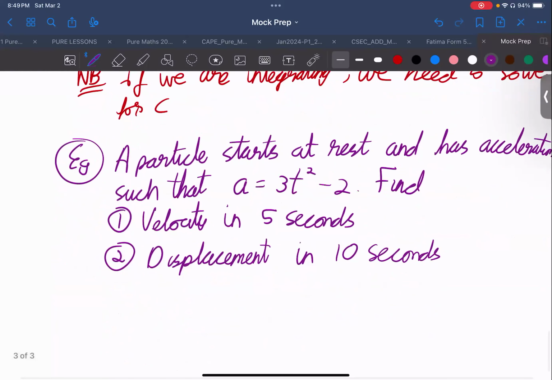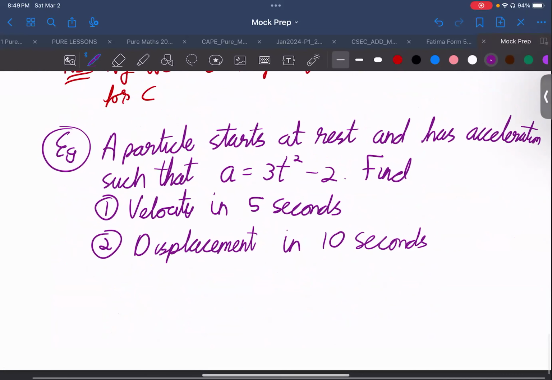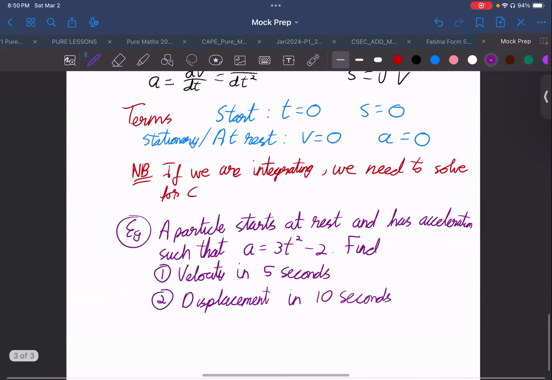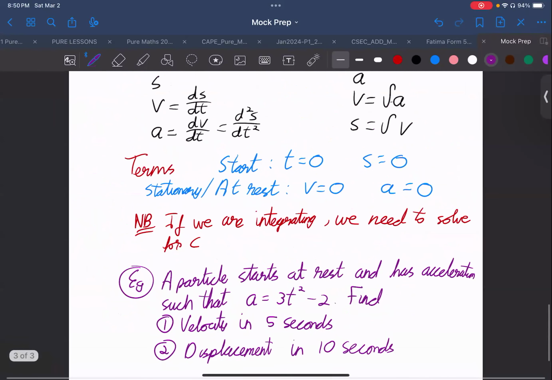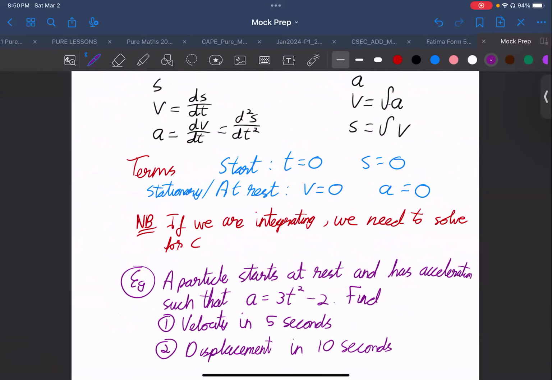Let me give you all about 3 minutes, and then I will do it, just to give you all a little chance to try it. Right now, if you don't know what to do, it's fine. I'm going to do it, but I just want to give you all the opportunity. Whatever answer you get, put it in the chat and send it privately.